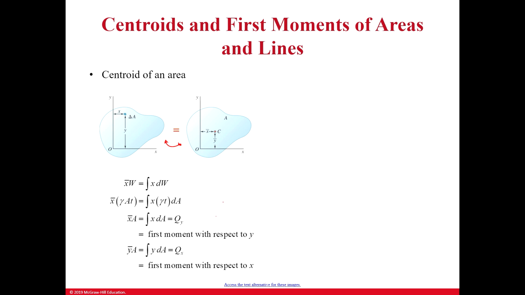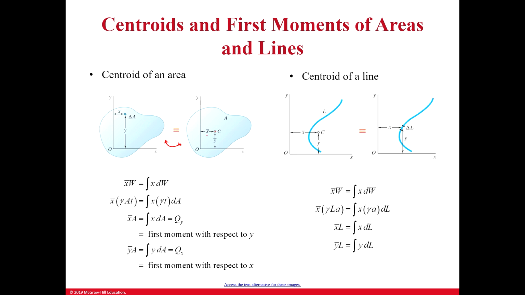That concept is called the first moment with respect to the axis. The first moment of area is the name. And they're very useful because they're the points where we apply forces. The same thing goes for a string or a rope: the centroid could be outside of the actual geometry.